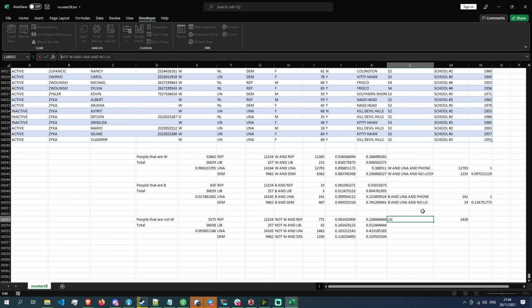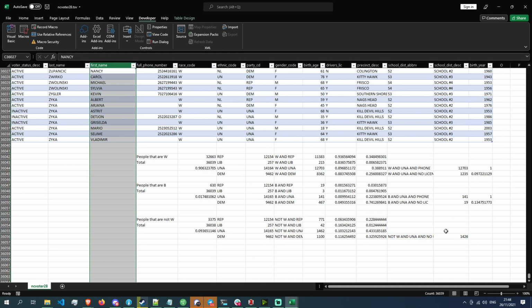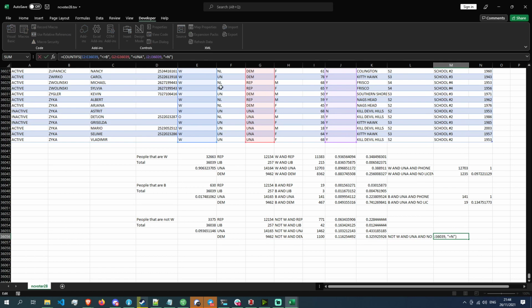Moving on. Let's continue with people that are not white, are unregistered, or are unaffiliated. My bad. Okay, and no phone, and no license actually. Not white, UNA, no license. So this would be everyone who's not white, people that are unaffiliated, and that have no license.